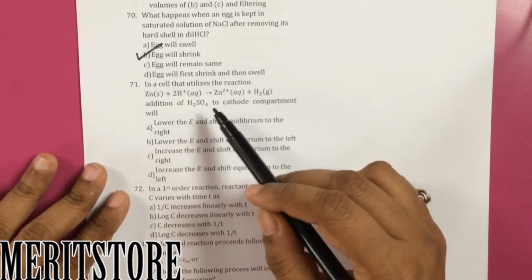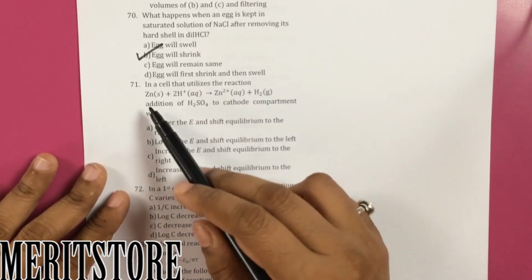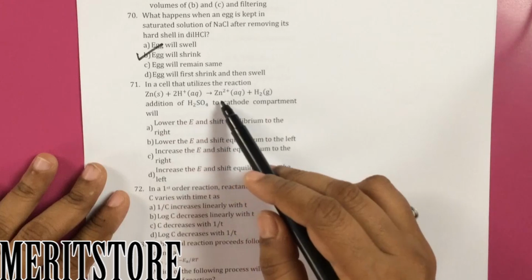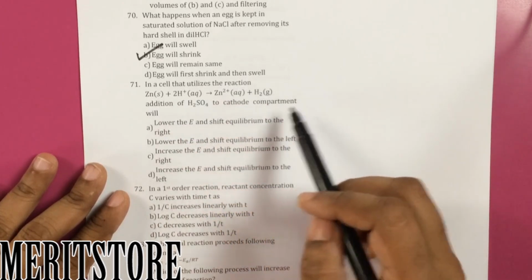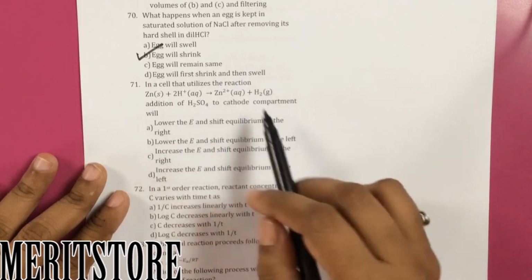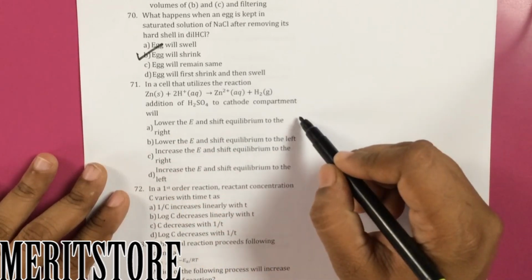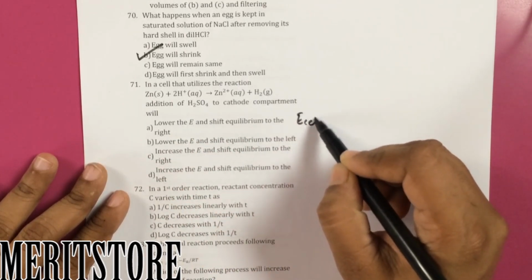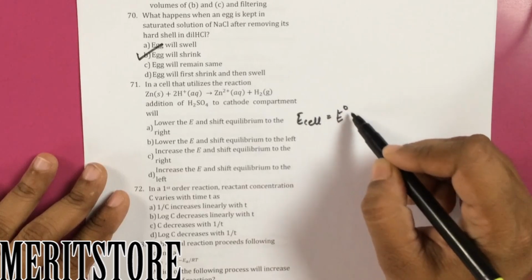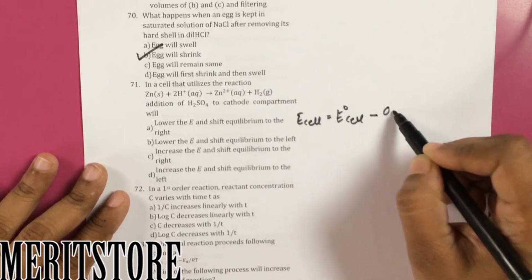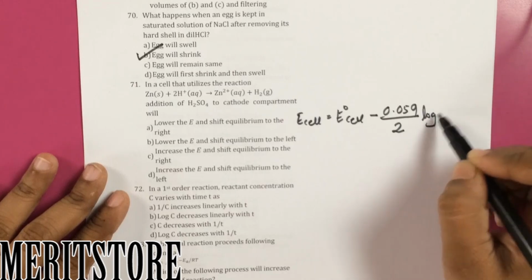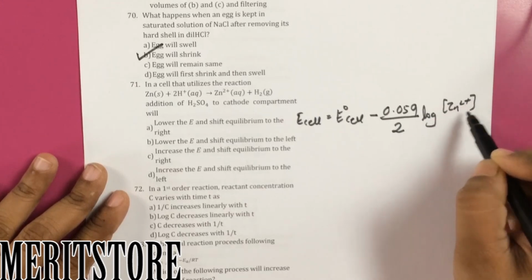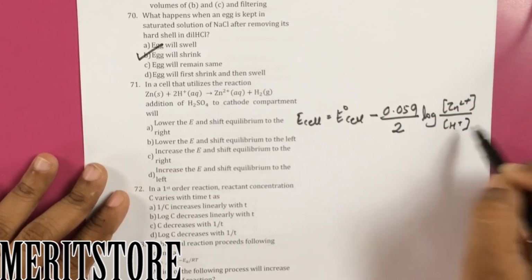Question number 71. In a cell that utilizes the reaction Zn plus 2H+ giving Zn2+ and H2, addition of H2SO4 to the cathode compartment will. Now when I'm talking about this particular reaction, if I write the E cell equation, that will be E0 cell minus 0.0592 upon 2 log of concentration of Zn2+ upon concentration of H+.